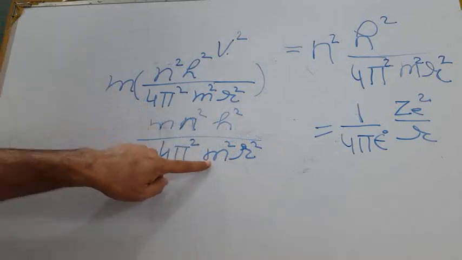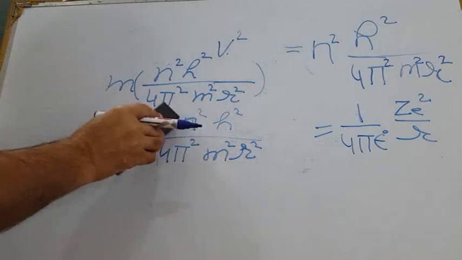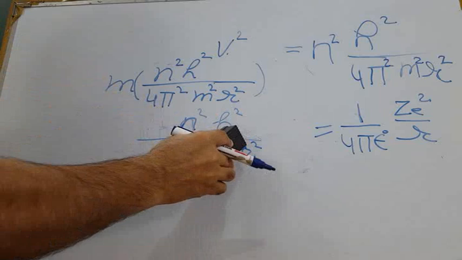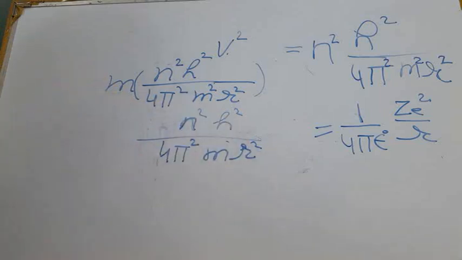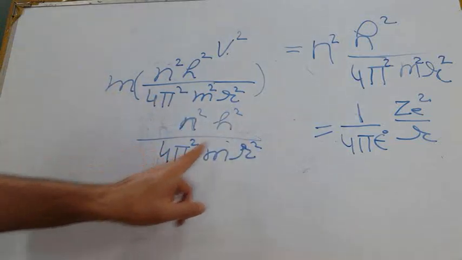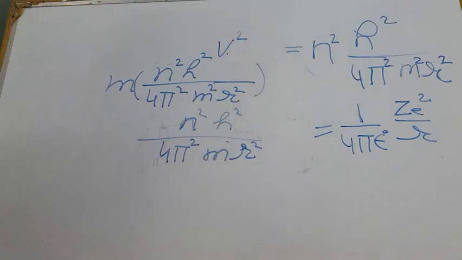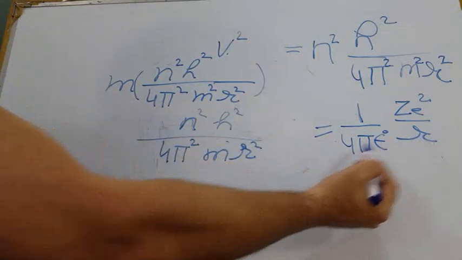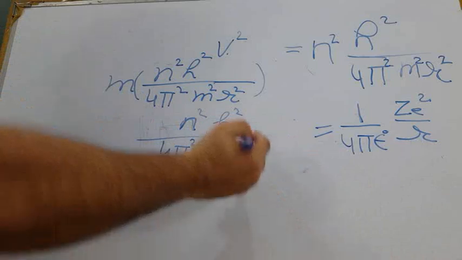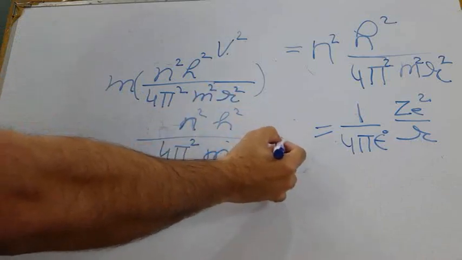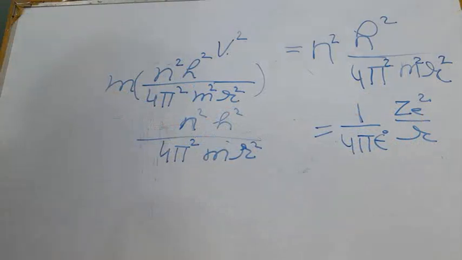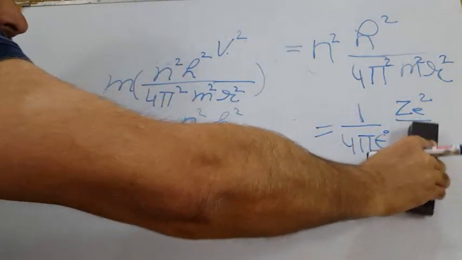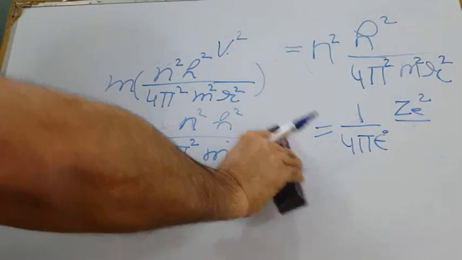Here m square, then what is left? m is gone, and here m is left. We find this equation, and from both sides you see here is r square. Therefore, if you multiply both sides with r, then this r is gone and r is left.